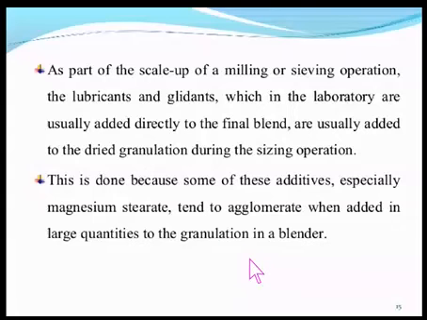So in order to avoid the agglomeration problem of the lubricant such as magnesium stearate, it is better to add it during the sizing operation, so that the agglomeration problems will get eliminated.